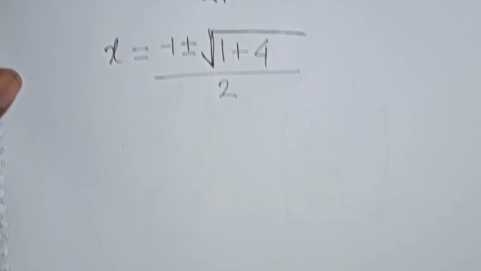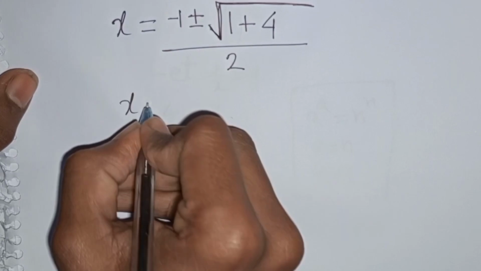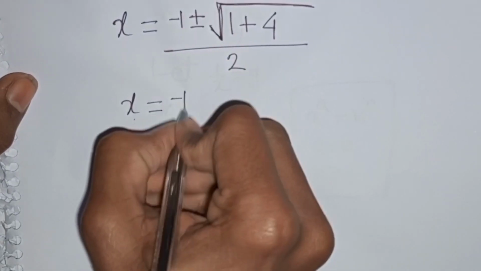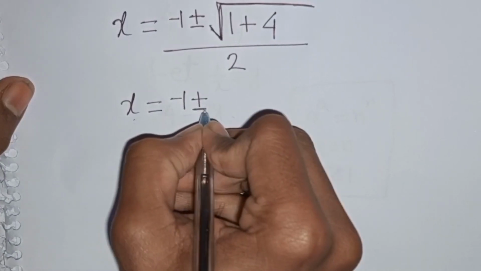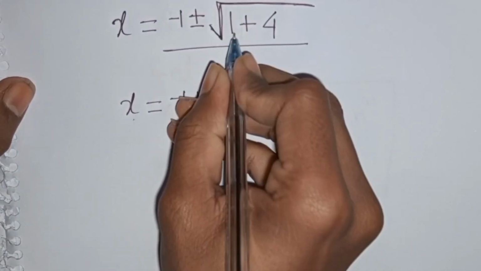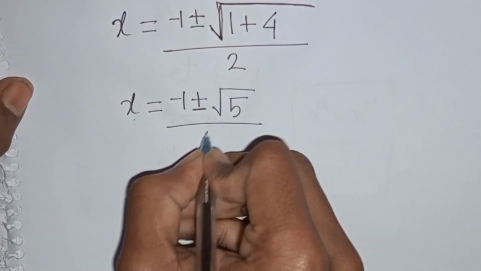So x is equal to minus 1 plus or minus square root of 1 plus 4, that means 5, divided by 2.